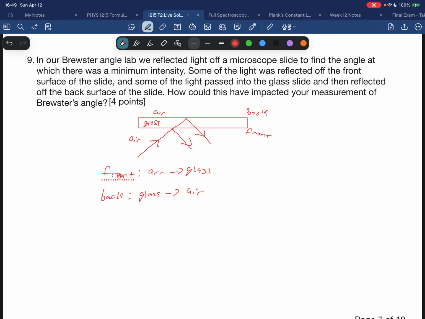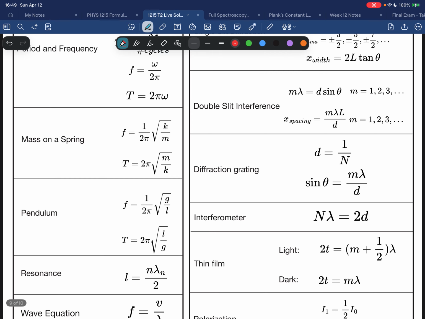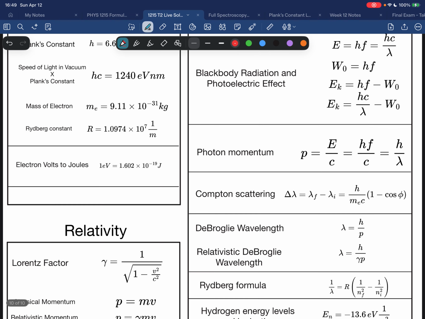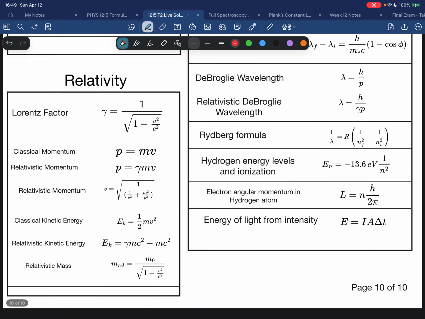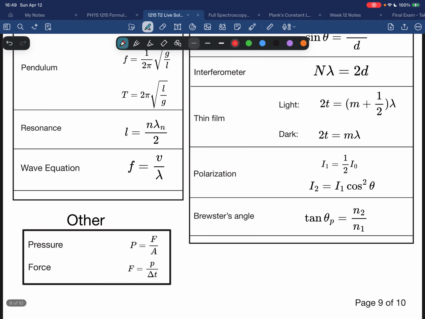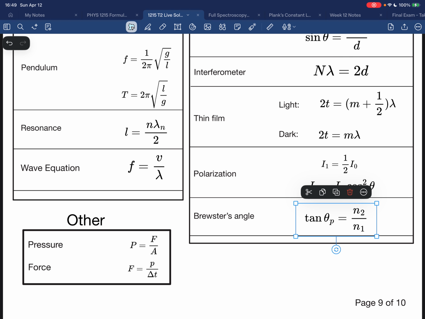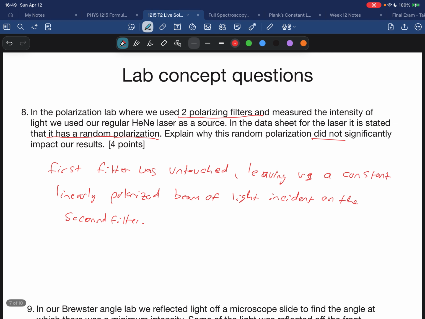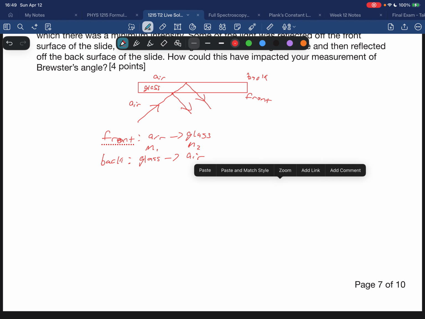So if we call these N1 and these N2, when we look at our Brewster angle formula, which I think was on that previous page, there we go, down here. I'm going to just copy this. There we go.